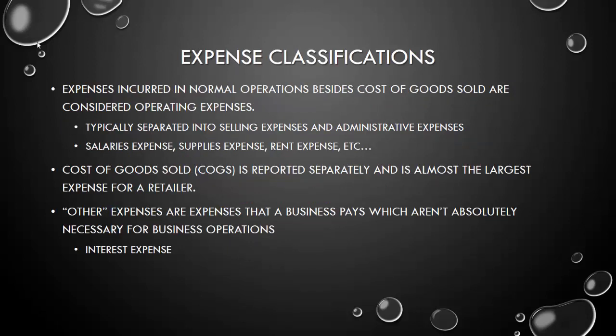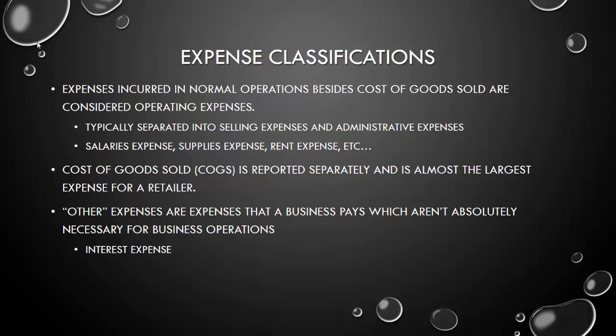Retailers will classify their expenses a little different than service businesses. Namely, cost of goods sold is such an important number for retailers that you make it into its own thing. Cost of goods sold doesn't get bunched with any other expenses. You want to have it presented on your income statement as its own individual line because it's going to be the biggest expense for most retail companies.